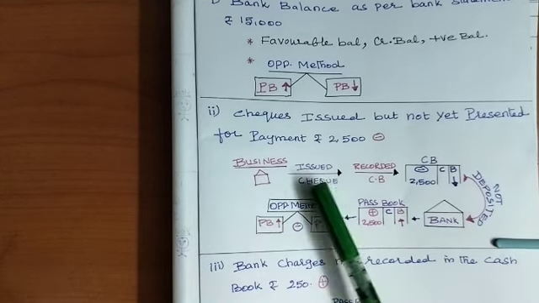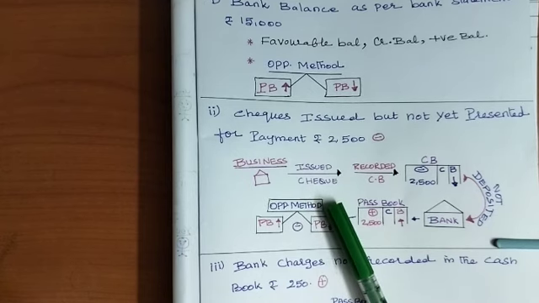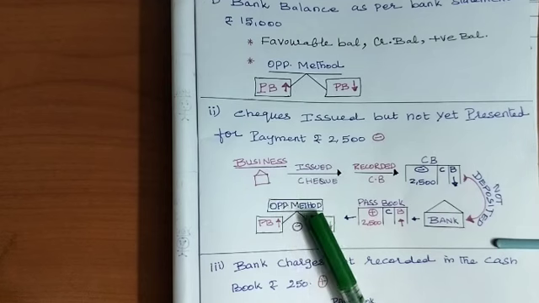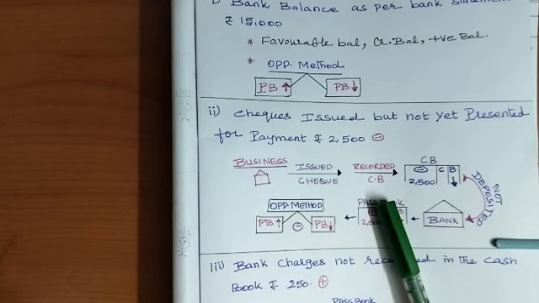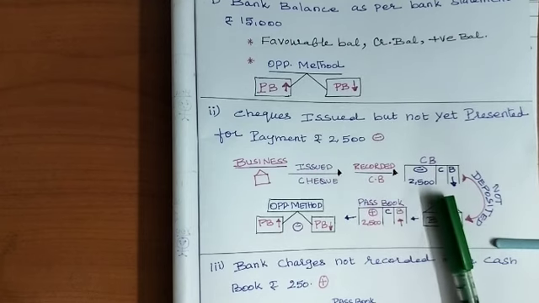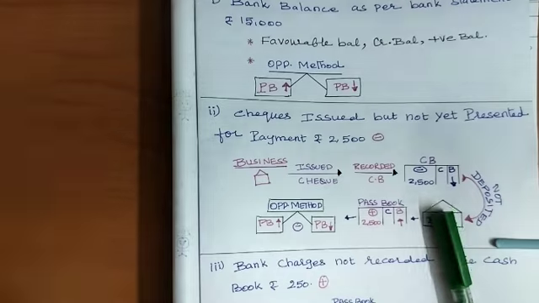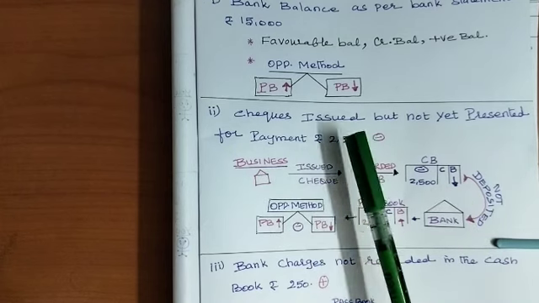When the check was issued by the business, it's like making a payment through check, rupees 2,500. What do you do now? Immediately you record it on the payment side of the cash book, right? So your cash book is to be decreased because you issued a check.